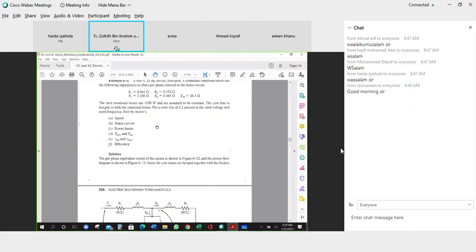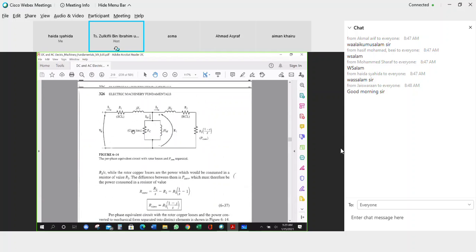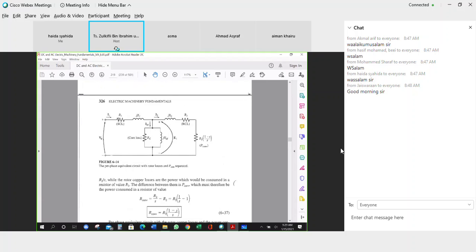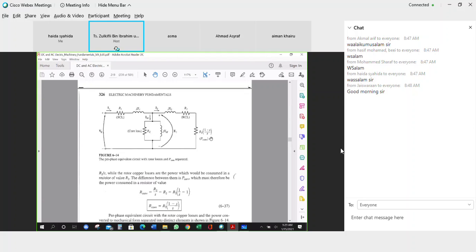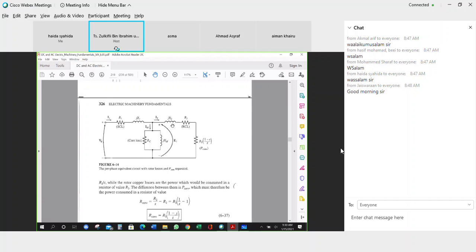This shows you how to include all these parameters in a transformer-like equivalent circuit. At the secondary you need to put the rotor resistance, and when you times it with the slip configuration, it becomes like this, and this is also equal to the converted power from here.